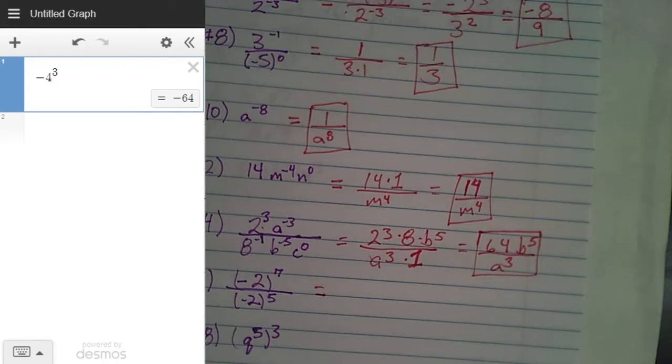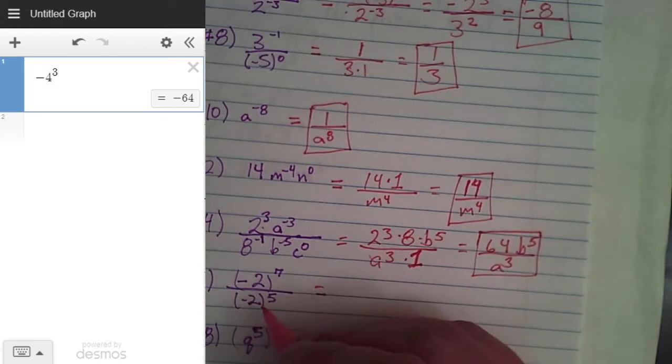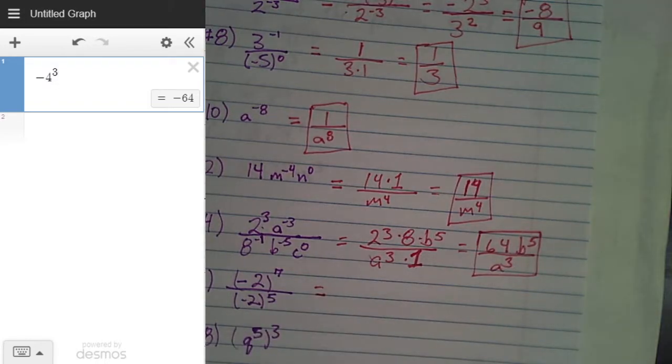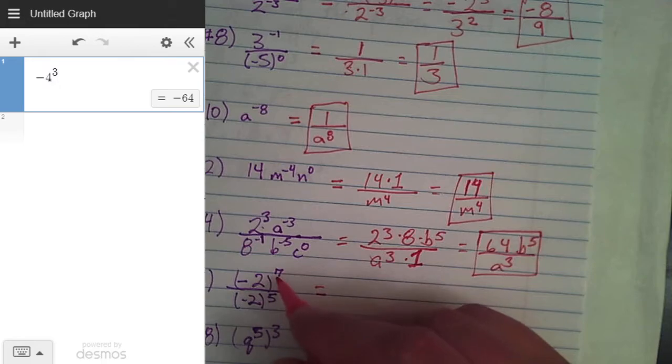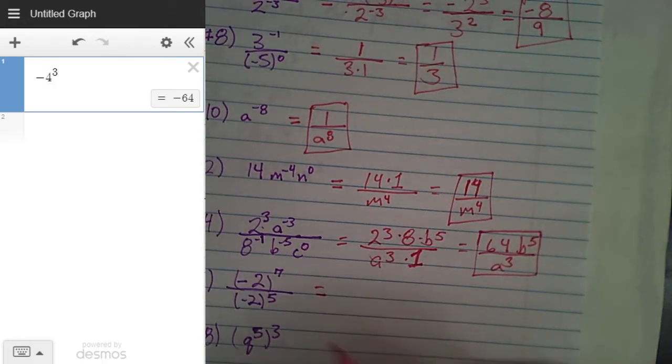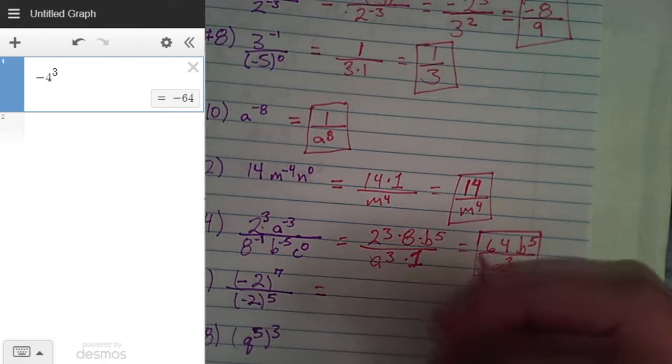Next, we have the quantity negative 2 raised to the 7th over negative 2, all raised to the 5th. There are a couple ways to do this. We learned we could subtract 7 minus 5 and get negative 2 to the 2nd.